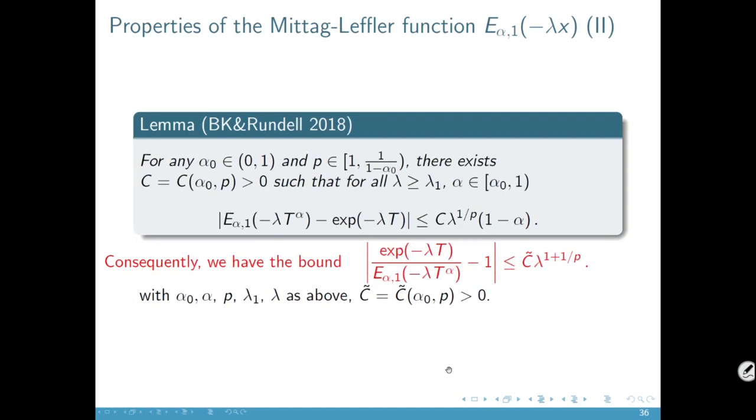So to assess the approximation error, we have to estimate the difference between the Mittag-Leffler function and the exponential function, which is the true propagation factor here, in a quantitative way, and that's done here. So again, there's a 1 minus alpha here, but luckily not in the denominator, so this right-hand side goes to 0 linearly as alpha approaches 1.